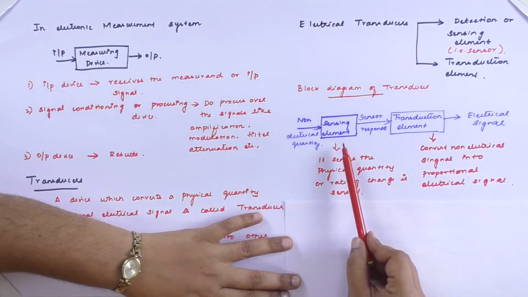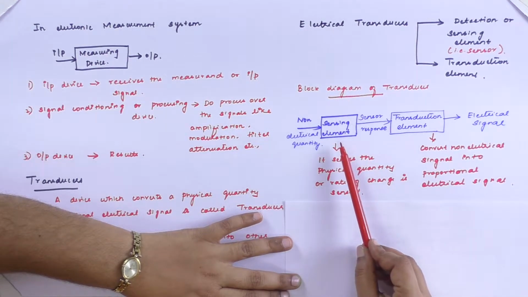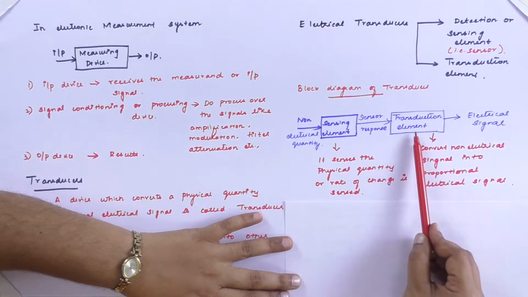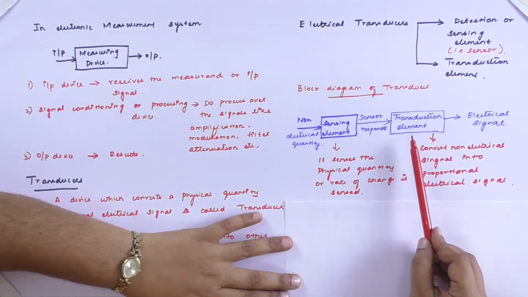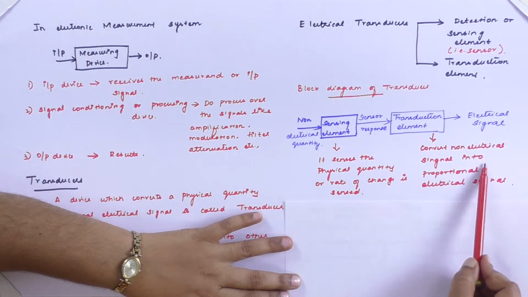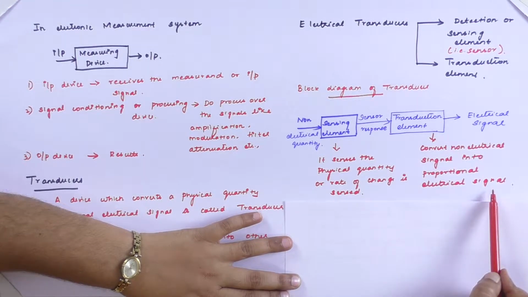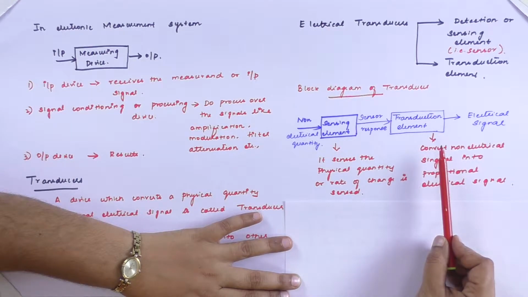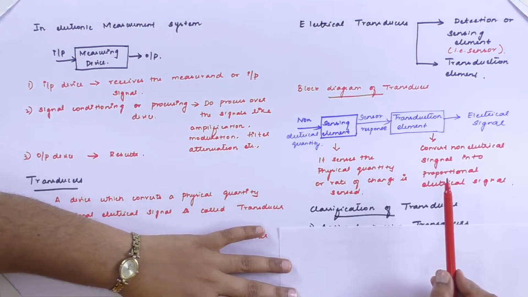What the transduction element will do is convert the non-electrical signal into a proportional electrical signal. So, this is the basic block diagram of an electrical transducer.